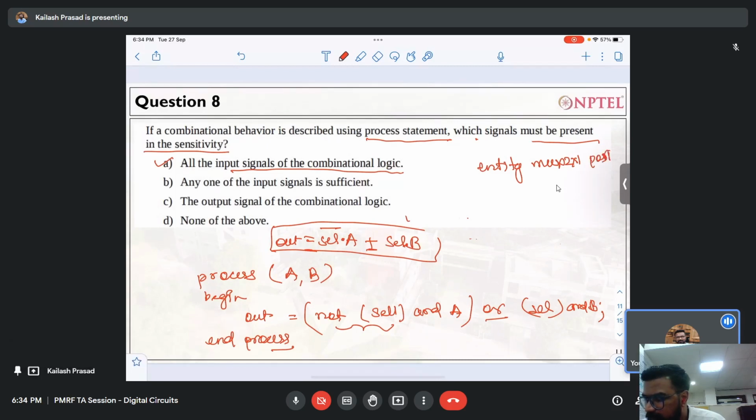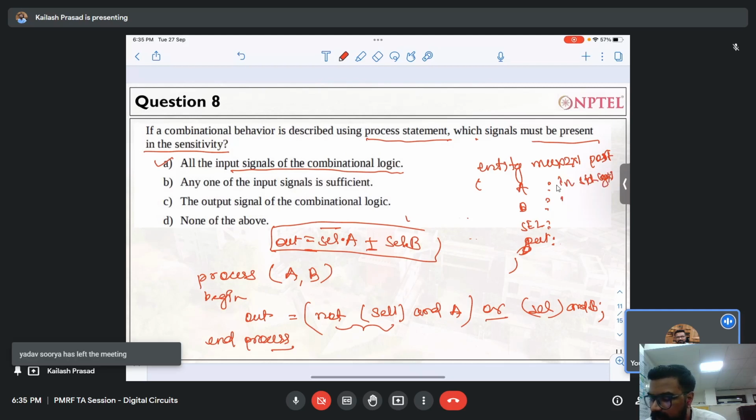So I define the port here. In the port, I will write a, then b, then select, and then I will define my output. Output is out. Then I will write the colon, and this is my input standard logic. Again input standard logic.